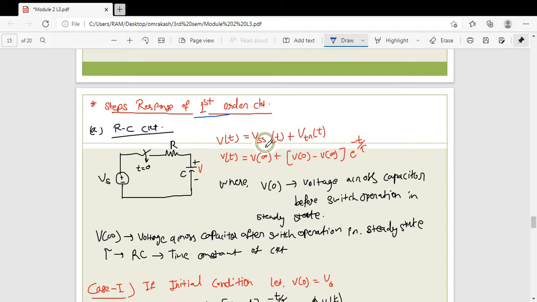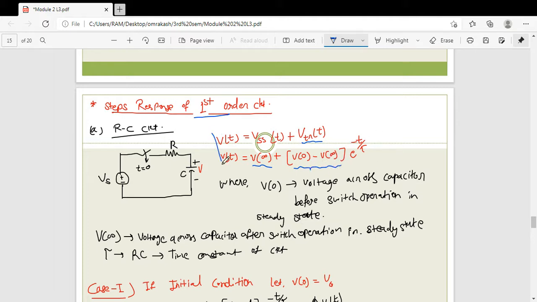V of t is equal to the steady state response plus the transient response. Now you can also rewrite this in such a format. The steady state response is V at t infinity, and for the transient response you have to take the initial condition minus the value at infinite duration of time.